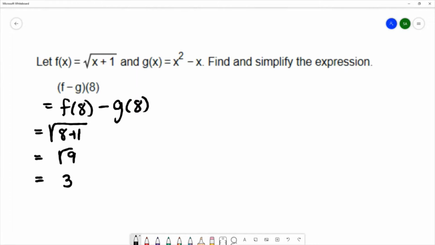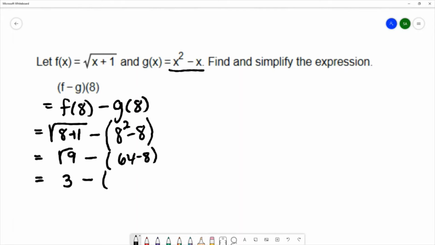We want to evaluate g at the value of 8, so we're going to substitute 8 into the function named g. That's 8 squared minus 8, and we need to make sure we subtract that whole expression. We're going to subtract 64 minus 8, and 64 minus 8 is 56.